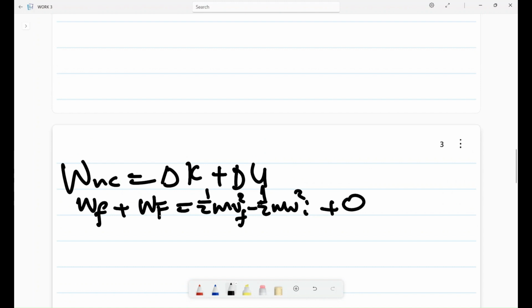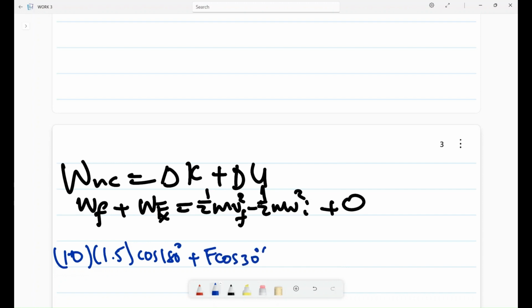But we know this one we are talking about, it is F in the x direction. Then you do your substitution here. I know it's going to be my frictional force, it is 10. Then my displacement, it is 1.5 cosine of 180 degrees plus force cosine of 30 degrees multiplied by displacement multiplied by cos of 0 degrees, it is equal to half 6 squared minus 0 plus 0.